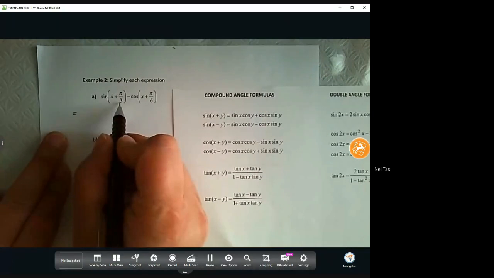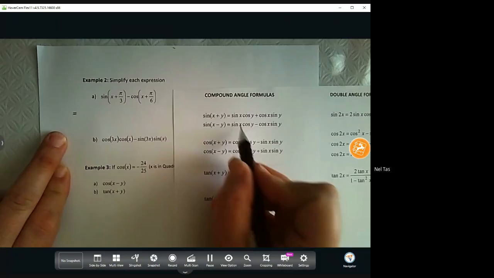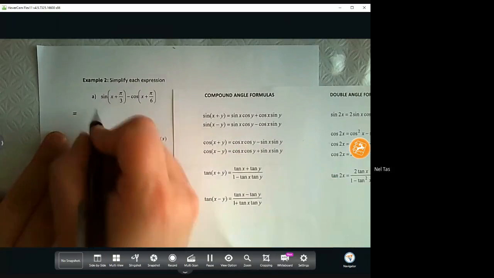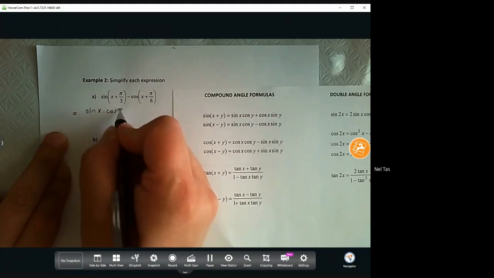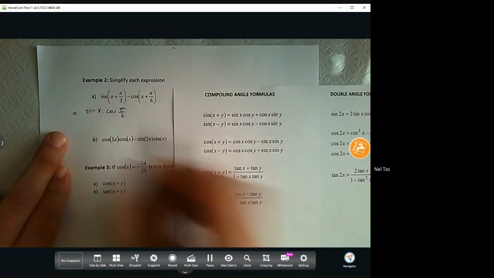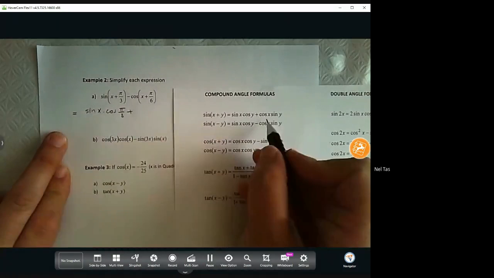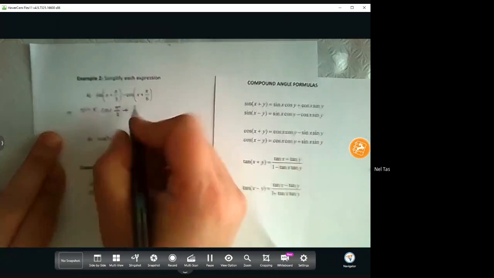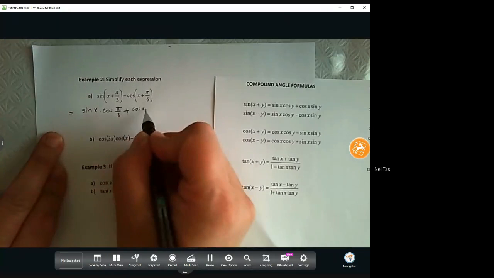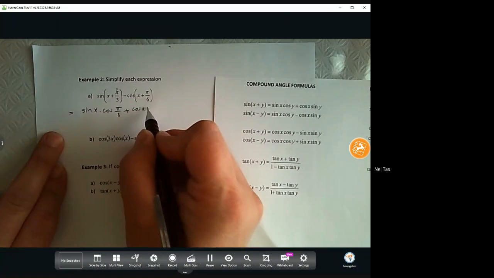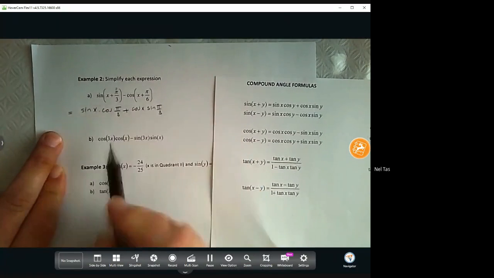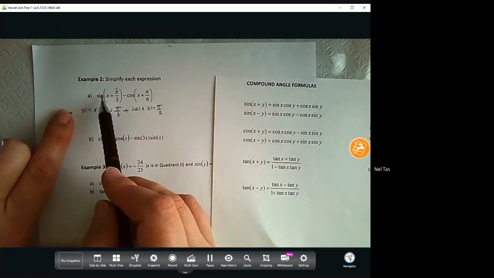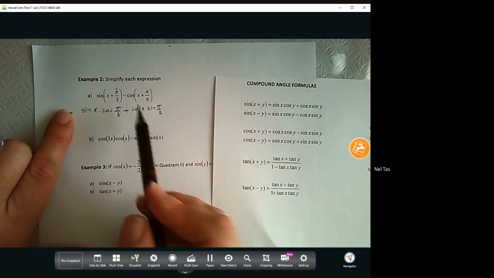Sine x cos pi over 3 plus cos x sine pi over 3. So this whole thing is now for sine of x plus pi over 3.